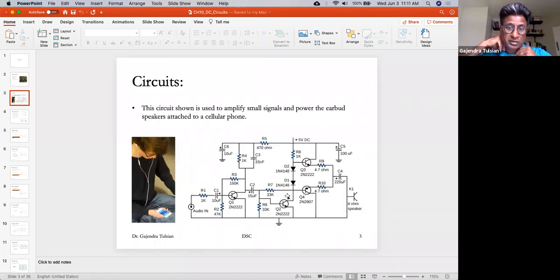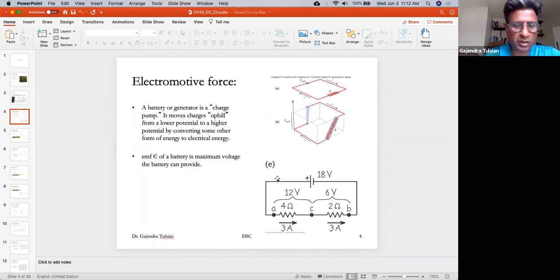Those are the four elements. This chapter will show you how to find the current through every element in the circuit. We will use something called Kirchhoff's laws to do that. Of course, we won't solve anything complicated like this, but anyway, you will learn the principles.